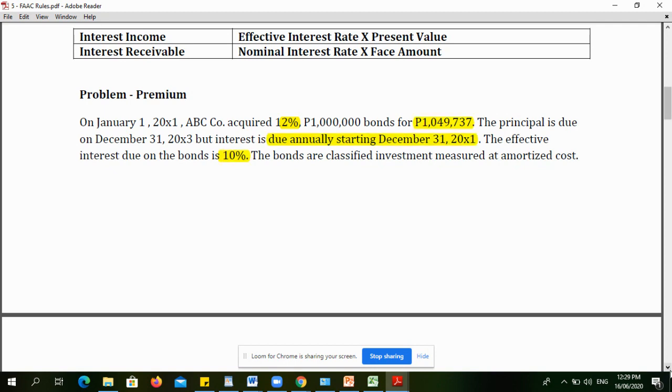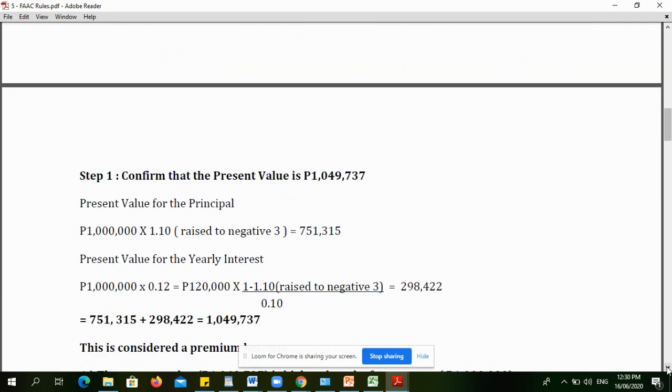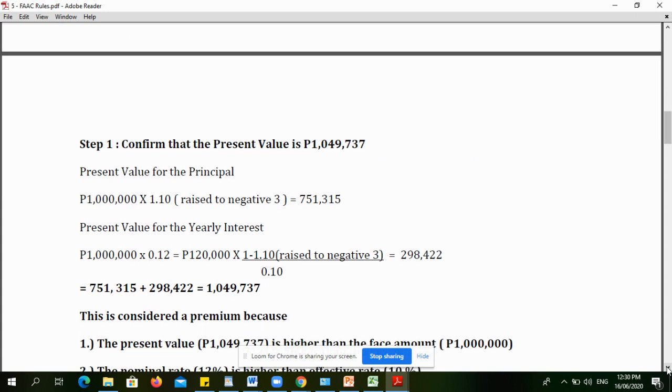The assumption here is that the 1,049,737 is the present value of the bonds. Pero, for the sake of discussion, or for us to make sure na 1,049,737 talaga ang present value ng bonds, the first step is to confirm that the present value is 1,049,737.